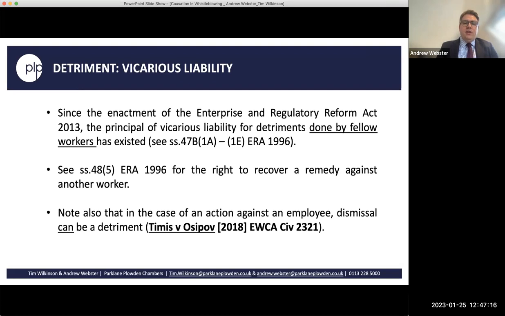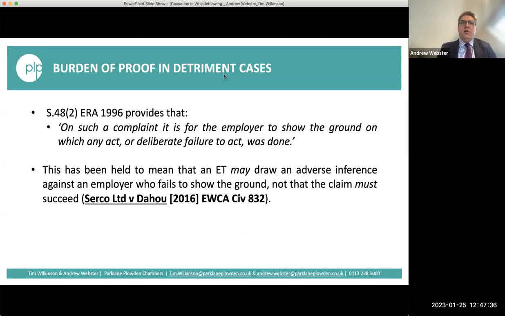So for that reason, I would think it's fairly unusual circumstances that one seeks to pursue such a claim. Certainly as a freestanding claim, one might have it as an adjunct to a 103A claim, but more likely one is going to pursue the 103A claim. And at that point, I think I would hand back to Tim to deal with the burden of proof.